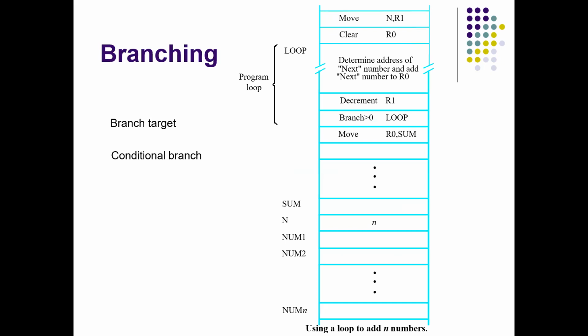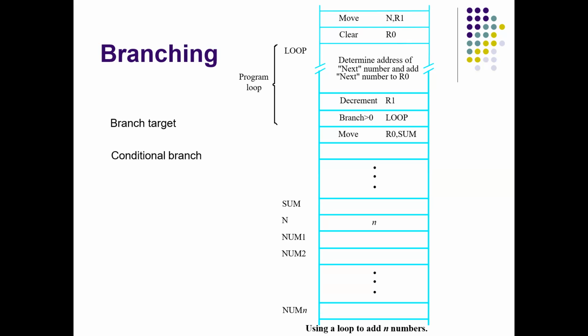We can achieve the same effect with the help of branching or looping. Consider here we are having move. Here n is the number of terms in your summation, and R1 and R0 are the two register variables, where R0 contains as usual the summation value and R1 contains the number of terms.